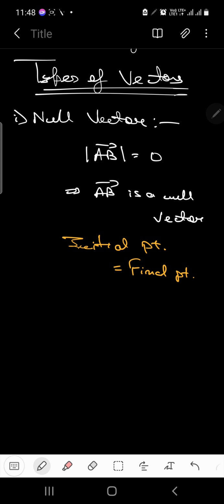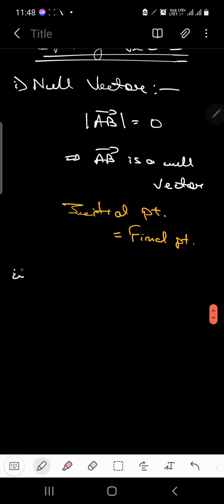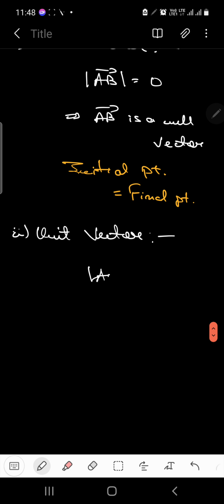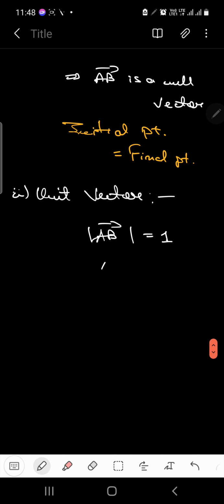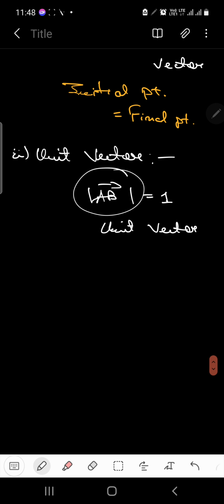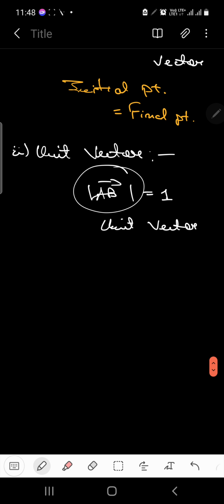Clear? Next we have something called a unit vector. If the magnitude of a vector is 1, then that particular vector is called a unit vector. We are often asked to find a unit vector in the direction of some vector.